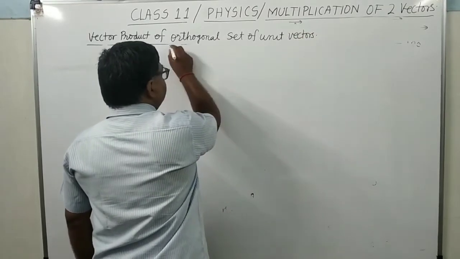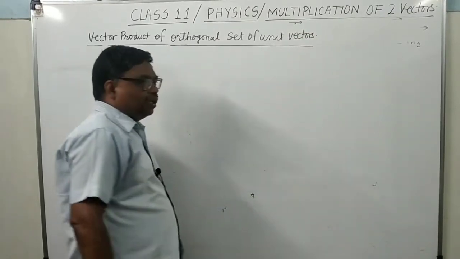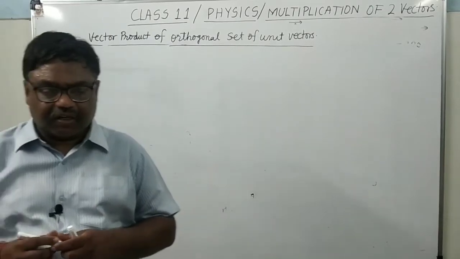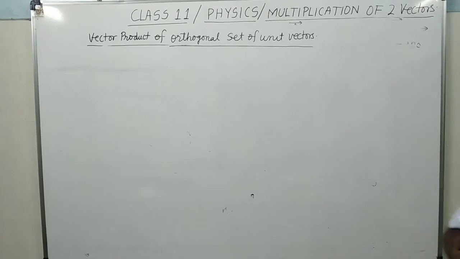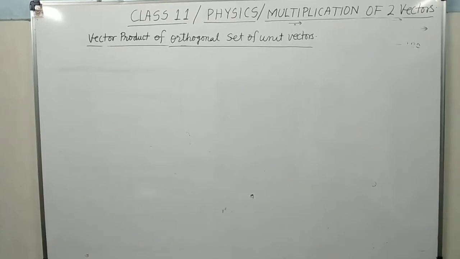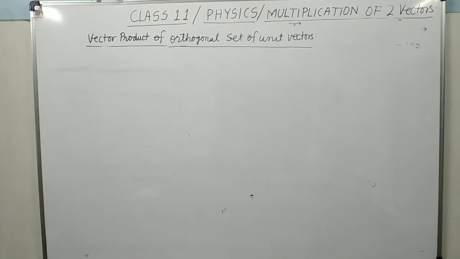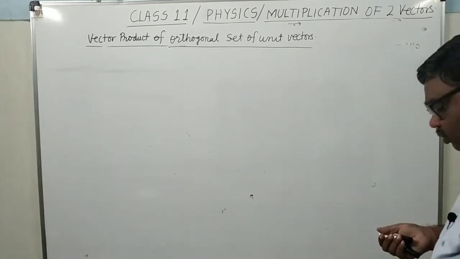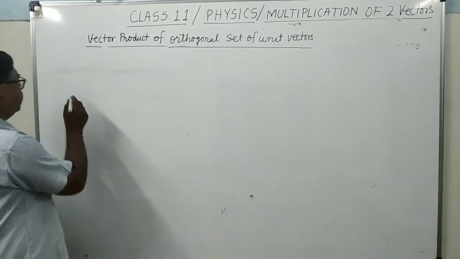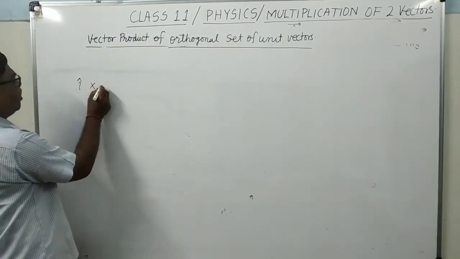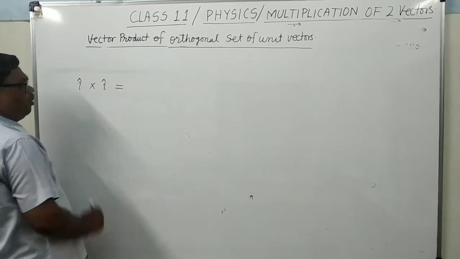As I have already seen, if you find the vector product of a vector with itself, it will be equal to a zero vector. The magnitude of that product will be equal to 0. Is it clear? So see here, i cross i will be equal to 0.